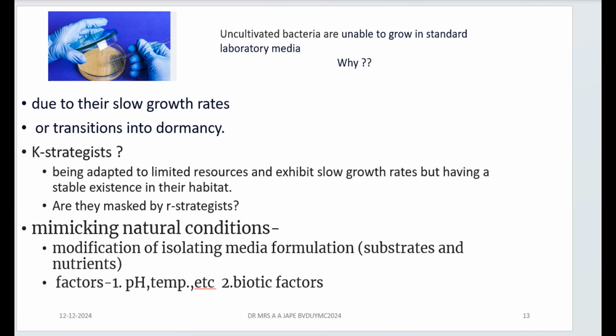What they had done was attempt to cultivate the unculturable bacteria, and more than 85 bacteria they had found by molecular tools, but they were not growing in the culture media. So there were no culture representatives. They were seen in the molecular data, but they were not in the culturable form.